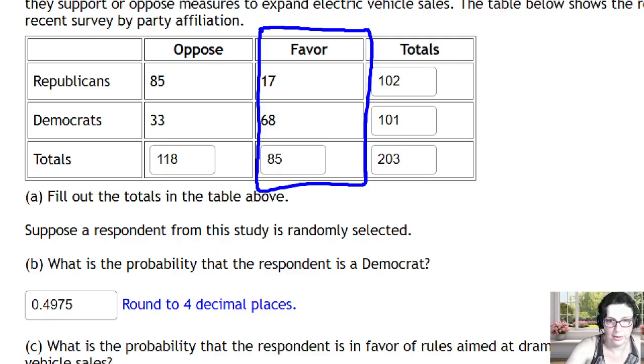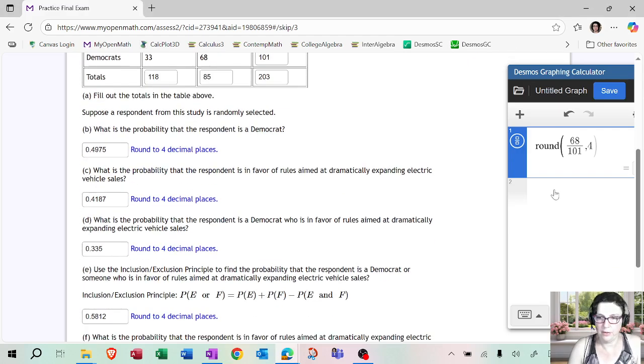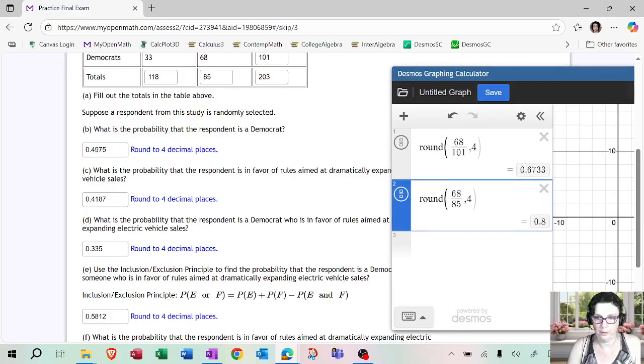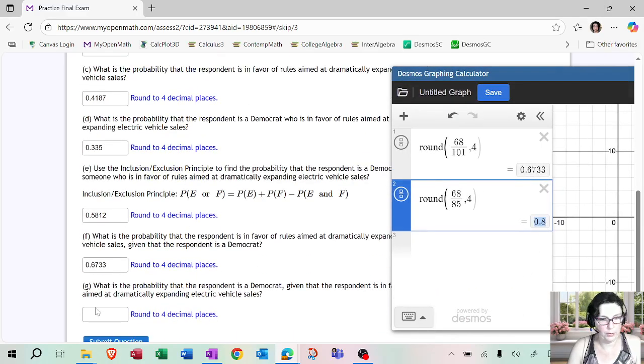That would be 68. But again, you are not dividing by the grand total. You are dividing by the total in the condition, because you are now inside the in favor crowd. So this would be 68 divided by 85. Notice how the top is the same, but the bottom is not, because the condition is not the same. In this case, that would be 0.8.